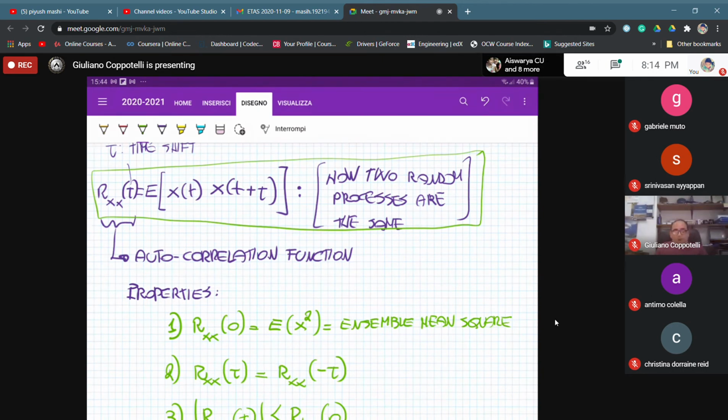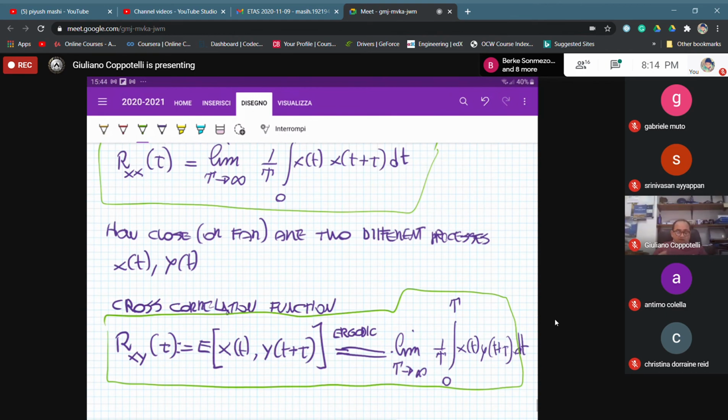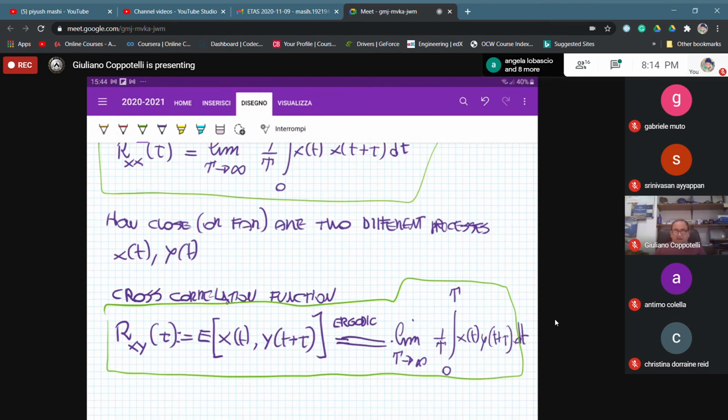When referring to two completely different processes, X and Y, could be, let's say, the vibration or acceleration at a certain point, and the number of flying vehicles, then of course this distance has to be quantified in a different way. However, the cross correlation function in this case is telling you what this difference is.